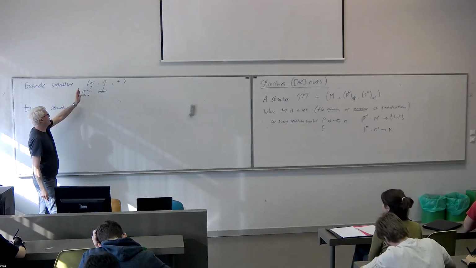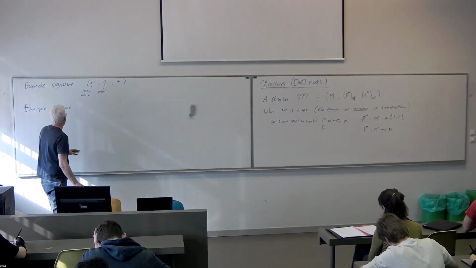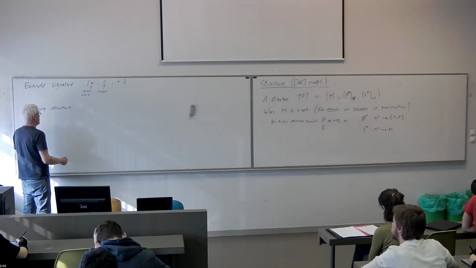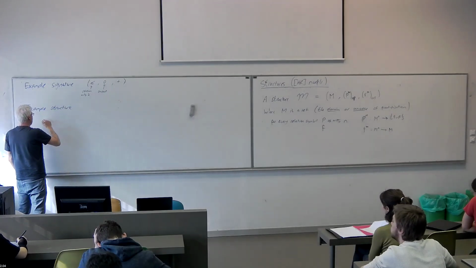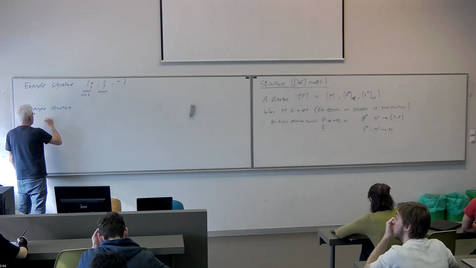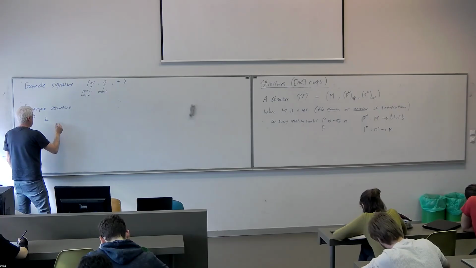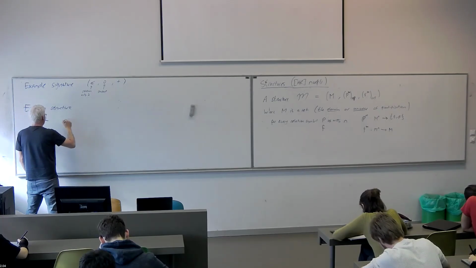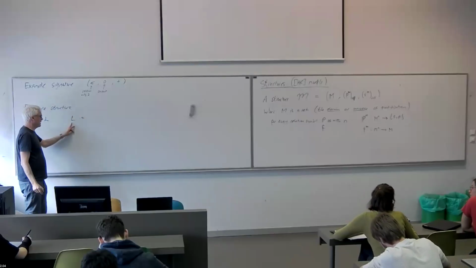So we need to give a set in which we're going to interpret these symbols. My example structure is going to be, let's call this curly L, the lists. And then L, we need to say what the underlying set is.